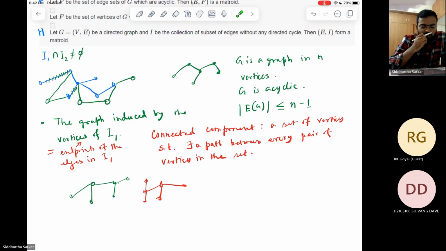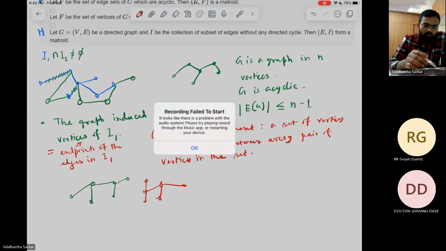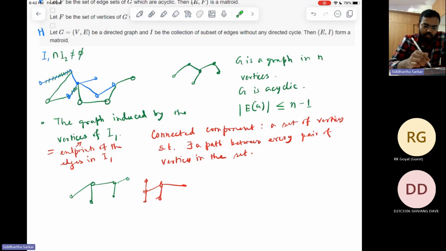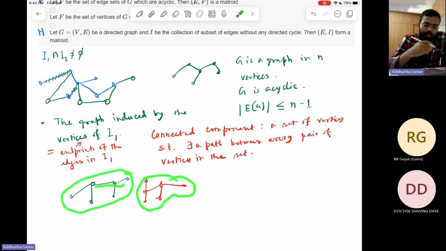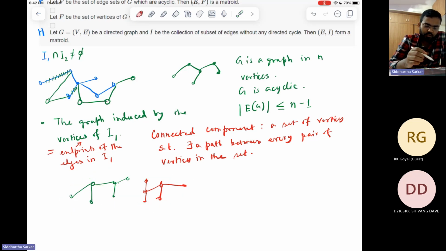Now, we identify, in each of these connected components, which are the edges which are in I2. Okay. So maybe some of the edges are in I2. Let's take pink. So maybe this edge is in I2.